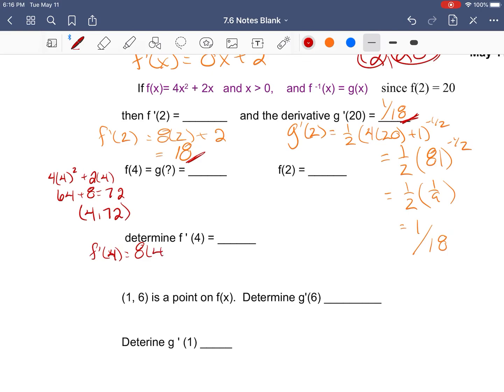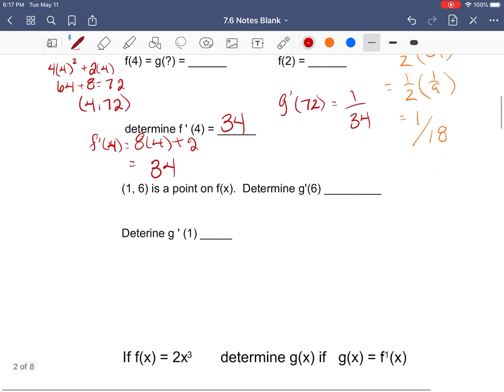So f prime of 4 is equal to 8 times 4 plus 2. So 32 plus 2 is 34. So if I was to ask the derivative of g of x at 72, we would expect that derivative would be 1 over 34. It's going to be the reciprocal.